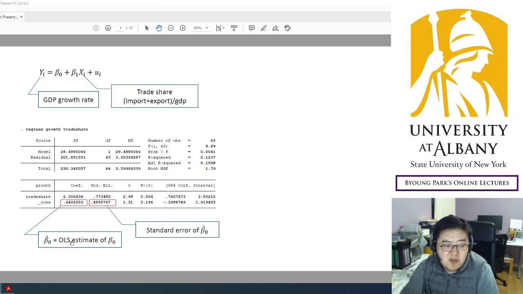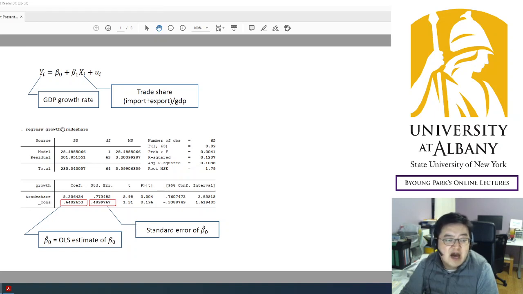Remember, OLS stands for ordinary least squares, a method, or principle, to estimate those parameters given data. And here in the output, _cons means constant, the constant term.